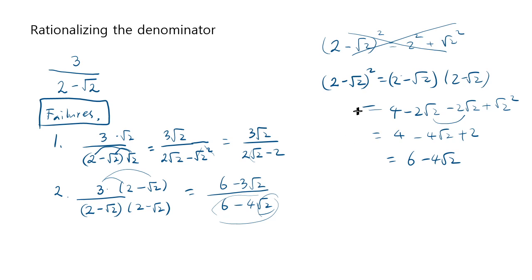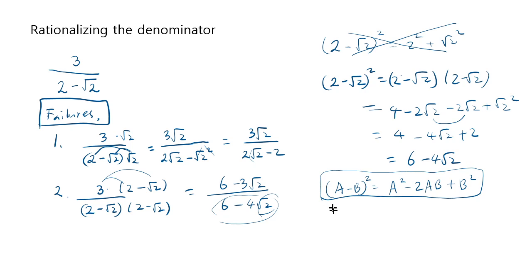if you're still wondering why this is equal to that, hopefully you may remember the following formula. A minus b squared is a squared minus 2ab plus b squared. Okay, if you don't, you should memorize this because it's one of the important formulas.